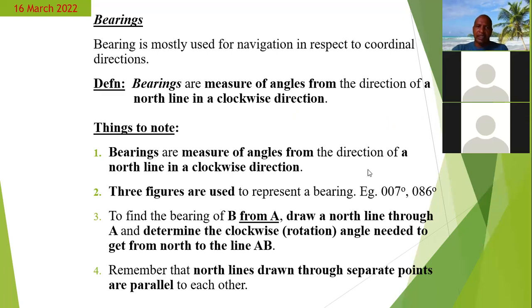All right, so with that said, these are the things that you must remember. Now, why is it necessary to remember that north lines are parallel? It is necessary to remember that because there are times when we may rely on the fact that we have two north lines that are parallel. And how this can help us is that we may find that we have a line going from one north line to the next.